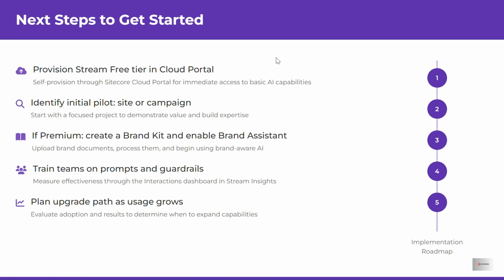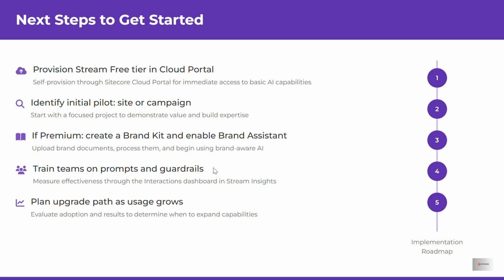To get started, you should have Stream access, either the free tier or a paid premium one. You can log into the cloud portal and access the Stream app. Then you can create a brand kit, enable brand assistant, and train your team on how to write prompts and get effective results as output.